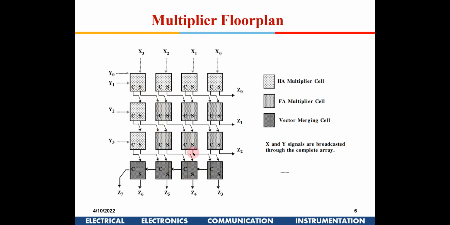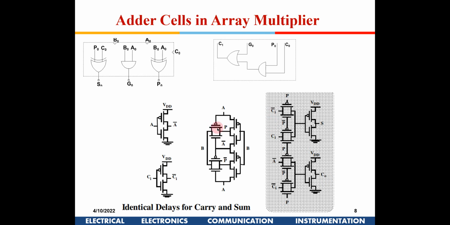So carry and sum are both equally important for a multiplier, and that is the reason why we have thought of a different topology, which is faster than the normal 28 transistor sum and carry topology. Here both sum and carry are optimized. So these are the pass transistor based logic full adders, which are used as building blocks in multipliers.